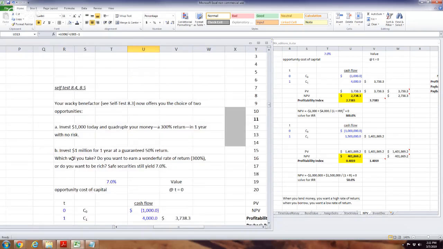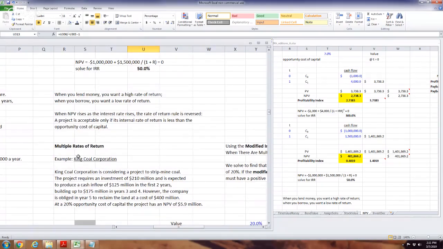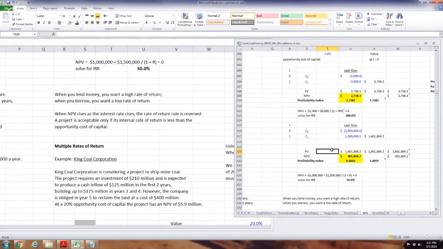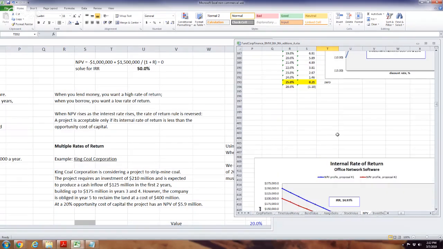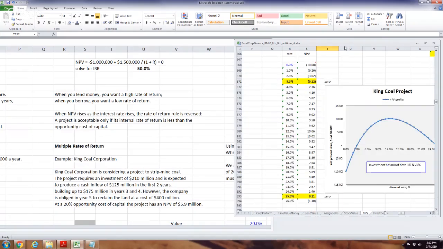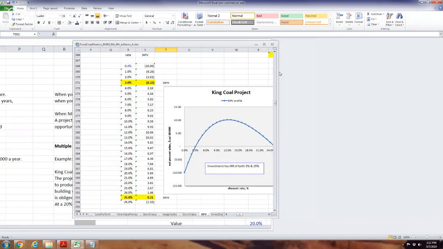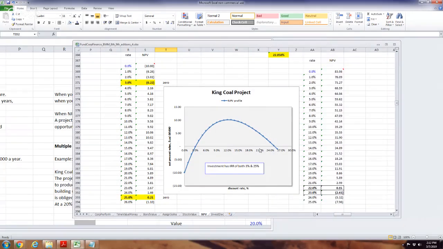So we went through a lot of these today. We have one more to go. This is a multiple rate of return problem, and this is a mining problem, which once again is near and dear to my heart because we spent a lot of time studying the oil and gas industries in the Middle East years ago. If you look at the solution I'm going to walk through with you, you have multiple times that the NPV is 0, at 3% and 25%.